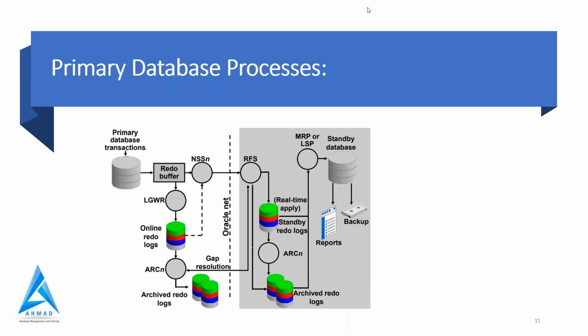So what are the primary database processes we have? You are seeing there is NSSn, or there is also TTnn actually, which is not mentioned in this diagram. Earlier it was not there.